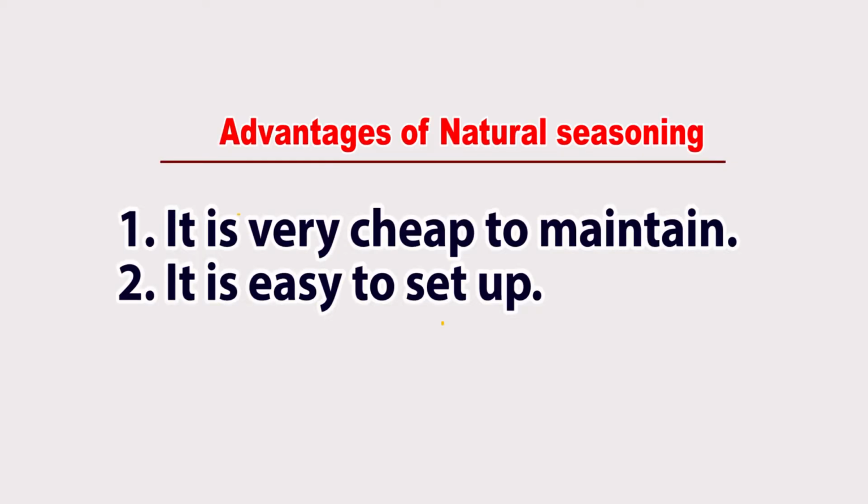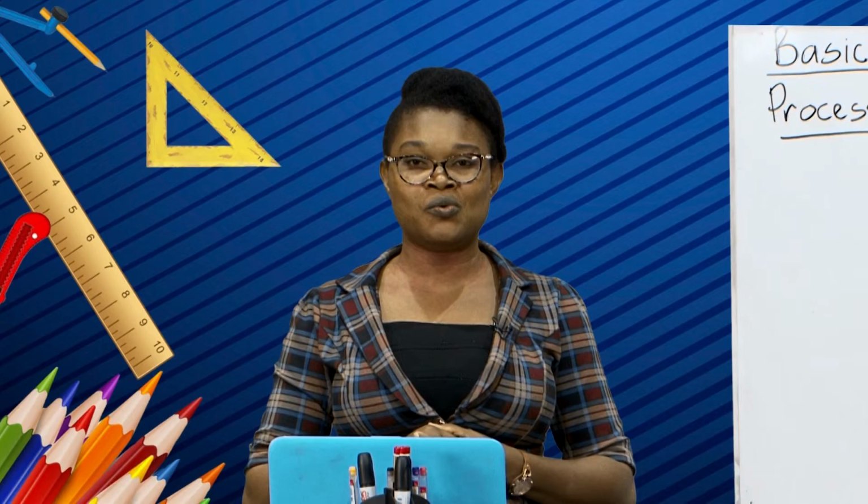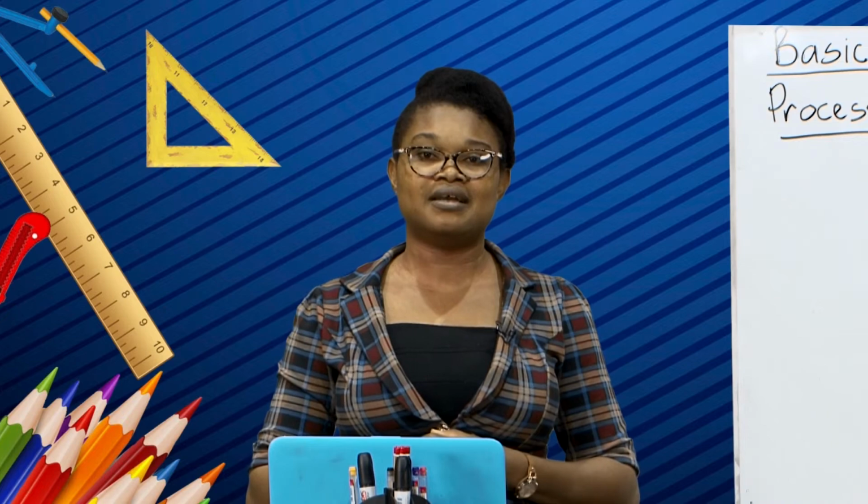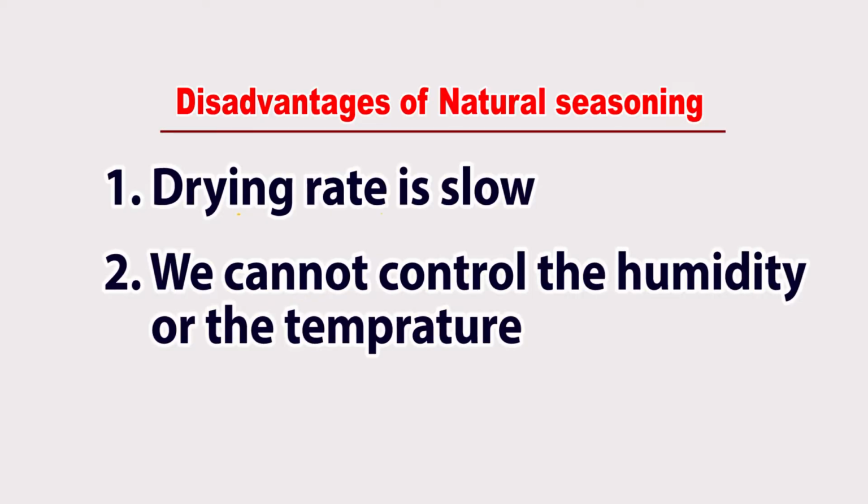Now, the advantages of natural or air seasoning are, number 1, it is very cheap to maintain. Number 2, it is very easy to set up. But it has its own disadvantages. And what are they? Number 1, the drying rate is pretty slow.